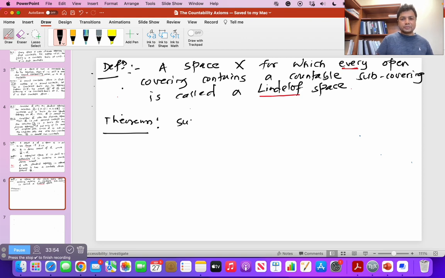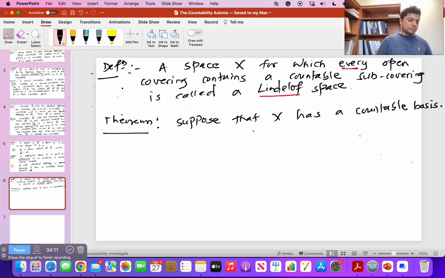Here is the statement of our theorem. Suppose that X has a countable basis. That means our topological space X is second countable. Then the following two conditions are always true.